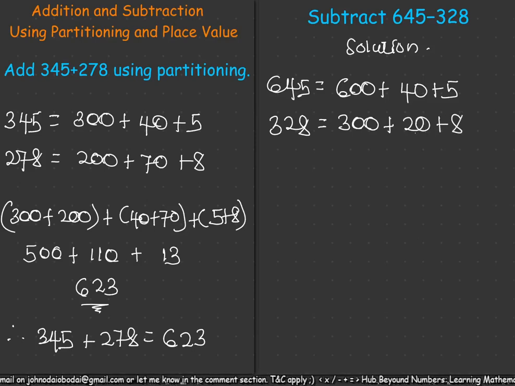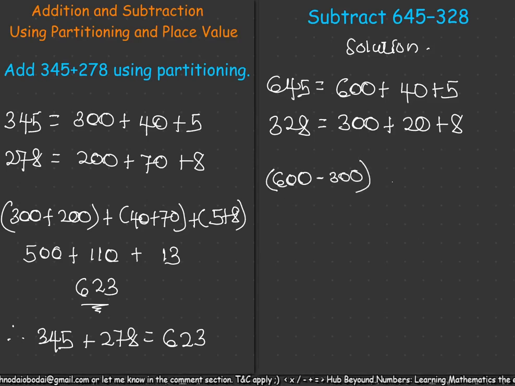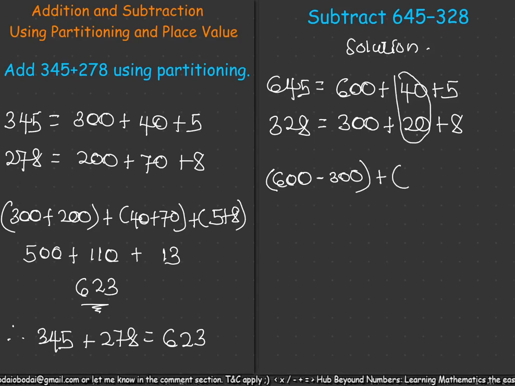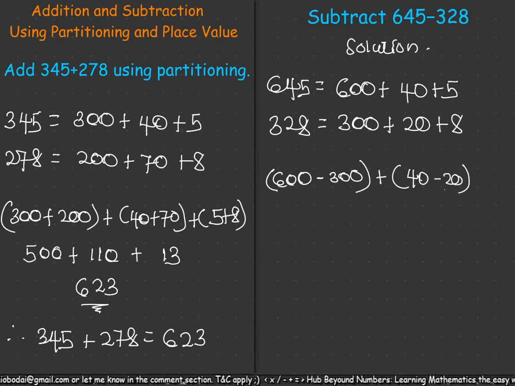Now take note that we are subtracting. Since we are subtracting and we have written our numbers in their partitions, we can say we have 600 minus 300, and then plus, we come to the tens, 40 minus 20, then we come to the ones, so 5 minus 8.